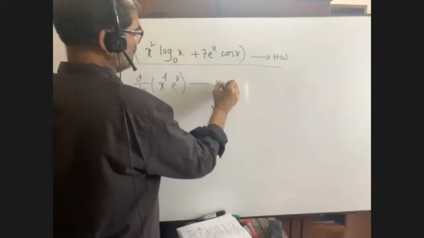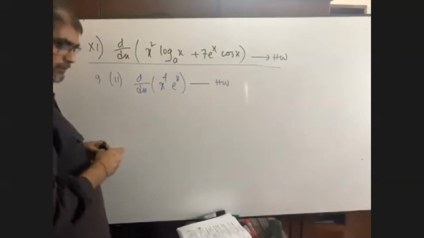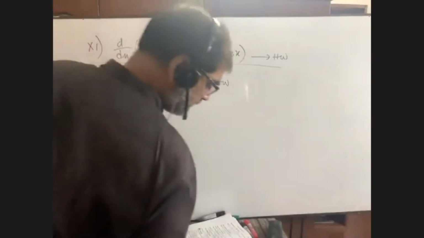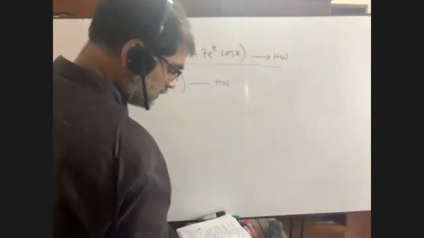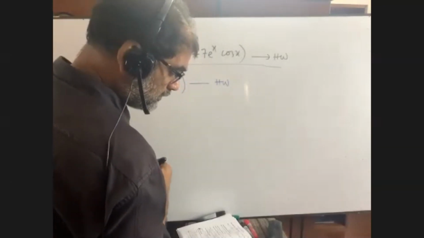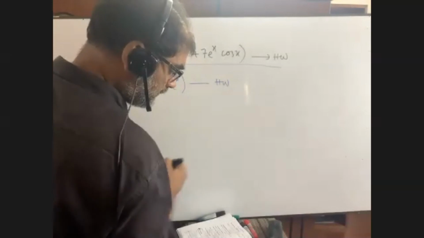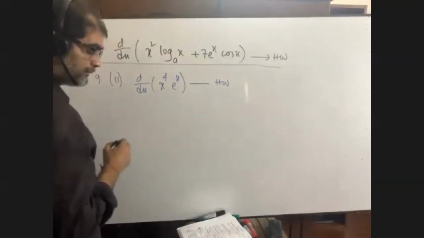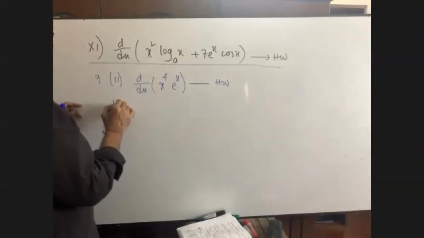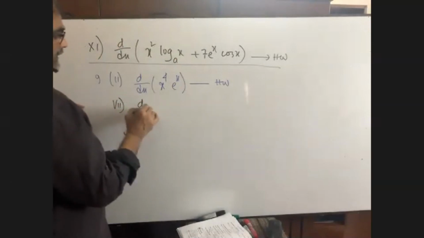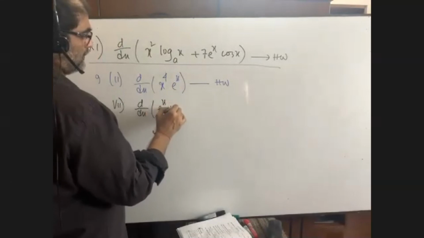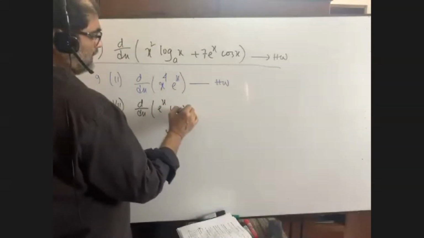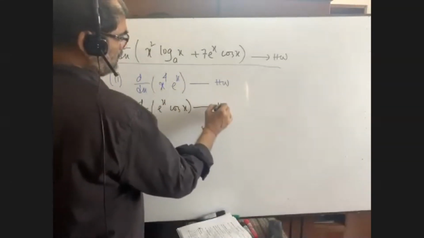Homework. Seven. d by dx of e to the power x cosine x. Homework.